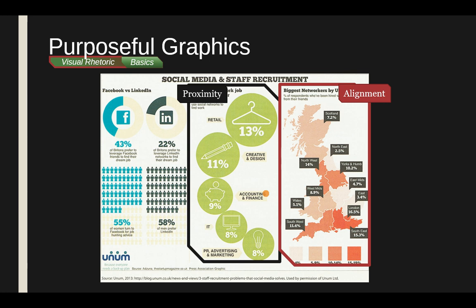Alignment, where all the information is lined up on the right-hand margin or the left-hand margin of the map, so we have a clear understanding of where to look for information. If the London flag was pointed here, then that would lead to some visual confusion and not look as good, right? And so not be presented as clearly for the auditor.